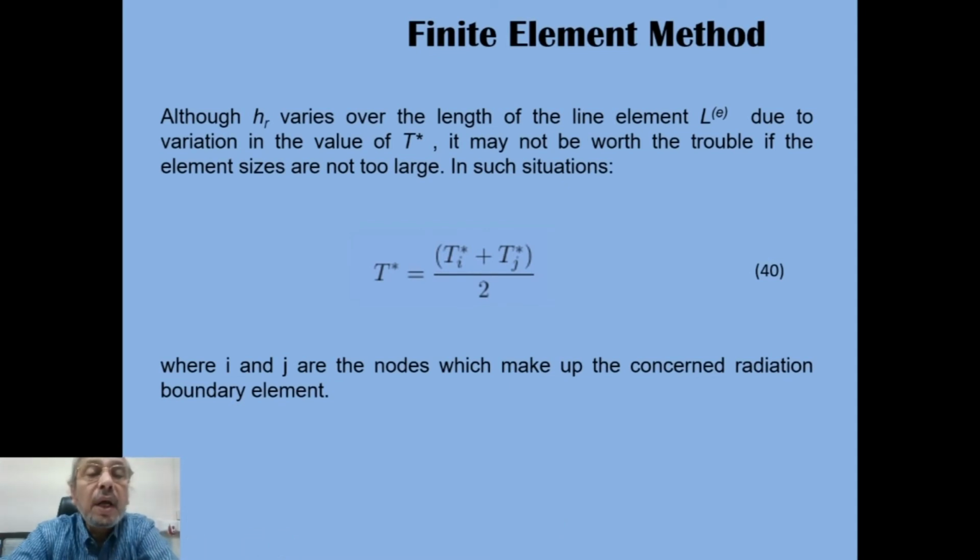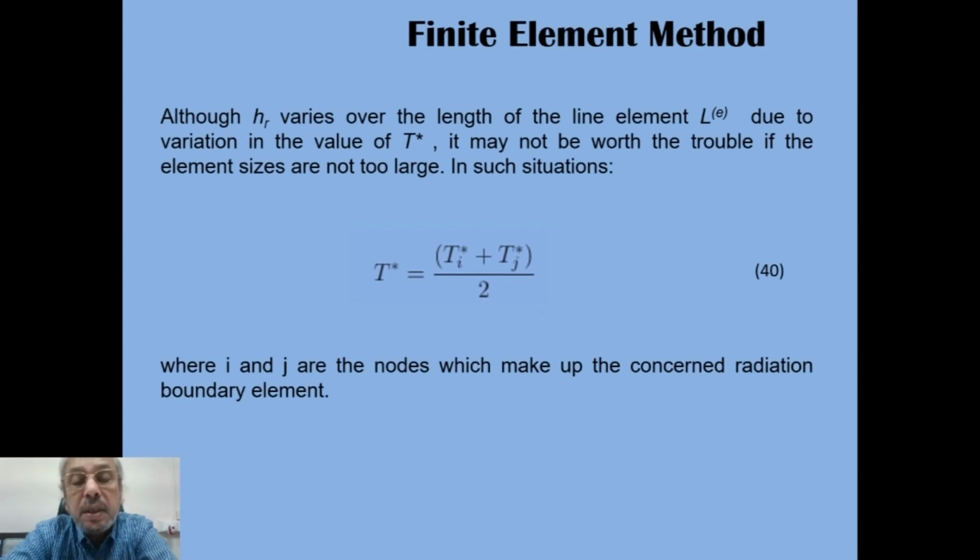Although HR, the radiative heat transfer coefficient, varies over the length of the line element due to variation in the value of T star, it may not be worth the trouble if the element sizes are not too large.